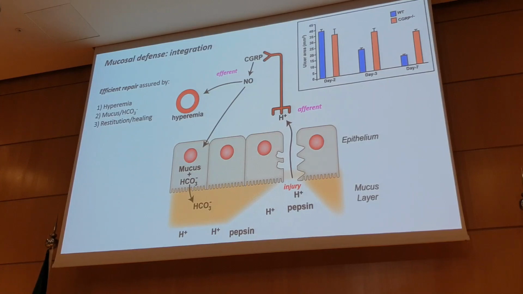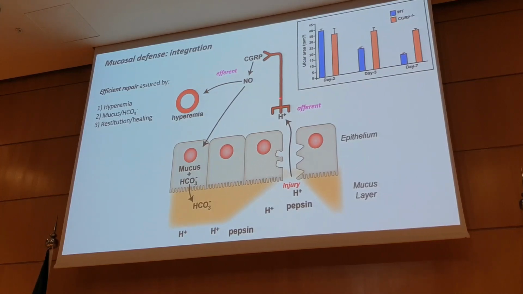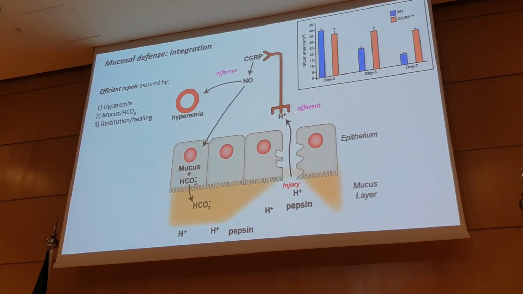It has acid channels and it detects acid. It can detect acid as low as pH 6, pH 5.5. But the interstitium is not made to see pH 2. Well, no cell is really. But anyway, it's activated by acid, not pepsin. Don't make that mistake.